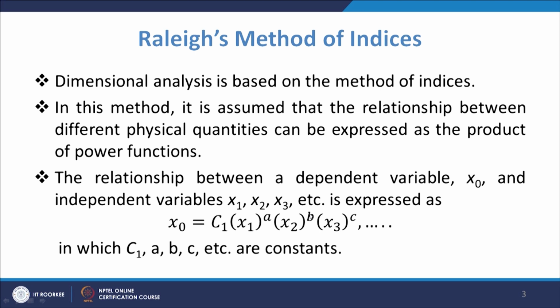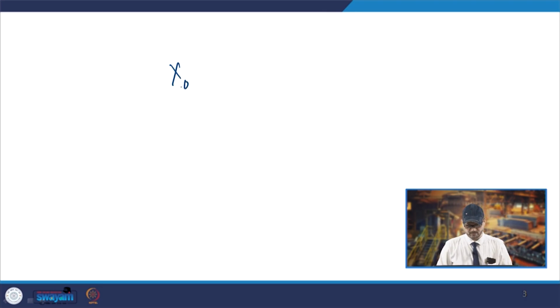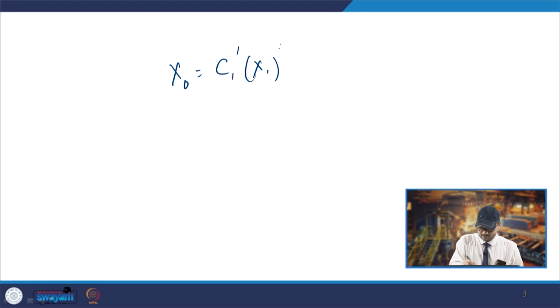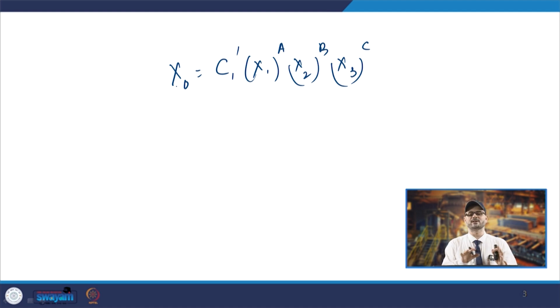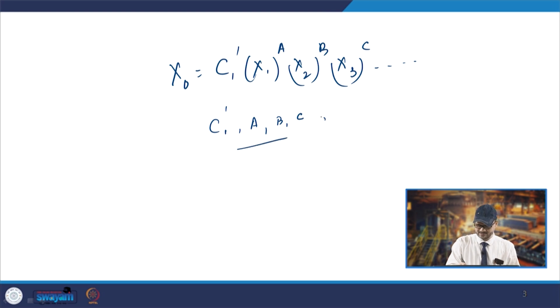They also can be expressed with different constants capital A, B, C. So, if you have a non-dimensional group, x naught can be expressed as C1 prime times x 1 raised to the power a, x 2 raised to the power b, and x 3 raised to the power c. These non-dimensional groups can also be expressed in terms of these indices. Here again C1 prime, a, b, and c are constants.